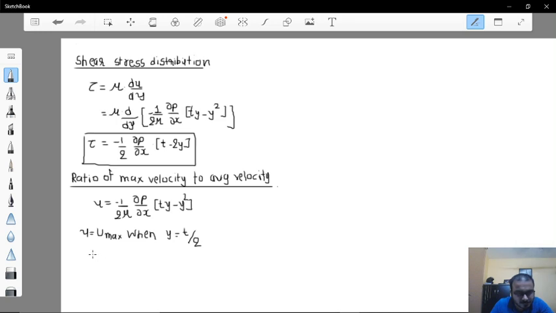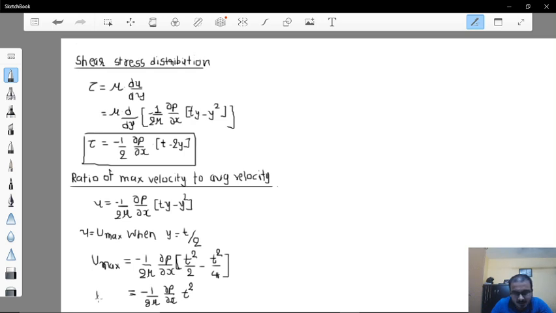So u max will be minus 1 upon 2 mu del p over del x, here it will be t square upon 2 minus t square upon 4, is equal to minus 1 upon 8 mu del p over del x into t square, that will be the value of u max.